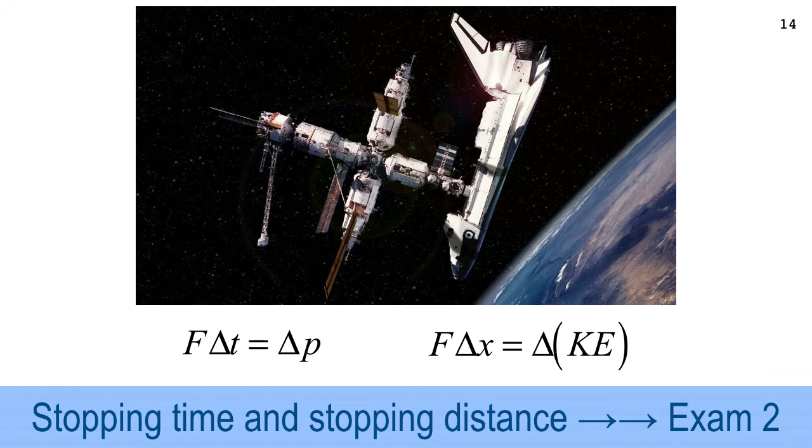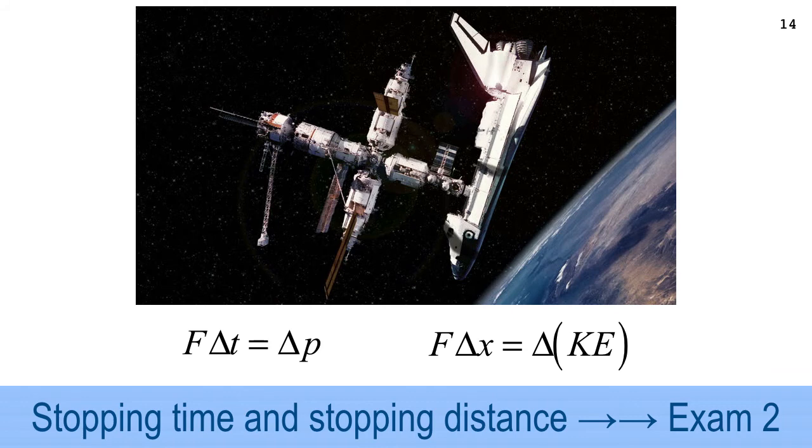Matter of fact, from this you could figure out the average aerodynamic drag force on the space shuttle that slows it down. Because you couldn't do what the space shuttle does on the moon. On the moon, there's no atmosphere, so you couldn't land the space shuttle this way by dissipating heat, because there's no heat dissipation.